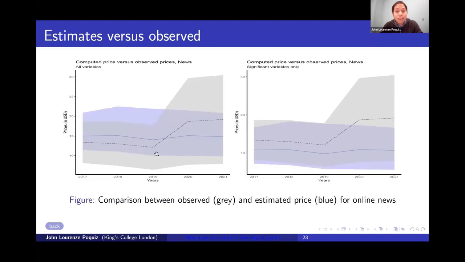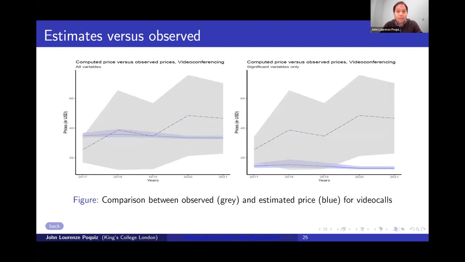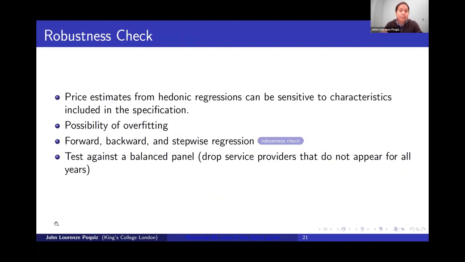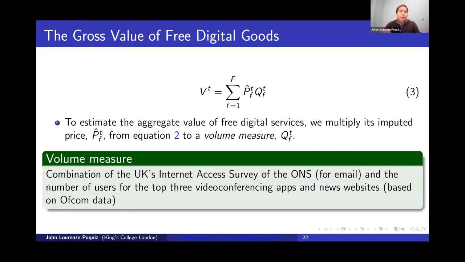And what we see is that our predicted prices are fairly consistent with the observed prices. We also perform a lot of robustness checks. We use forward, backward, and stepwise estimation, in case we're overfitting, and we see that our results are fairly consistent as well. All right, so that's for measuring prices.